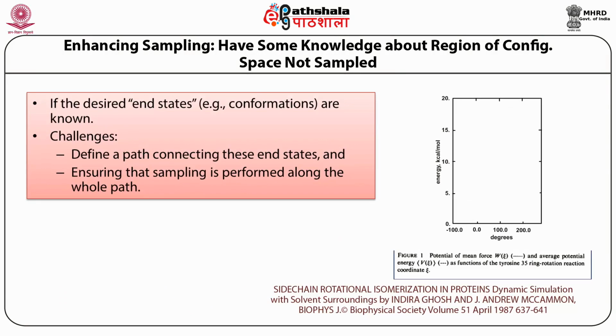Enhancing sampling when we know, more or less, the idea about the configuration space. So with a known configuration space, it still gives a challenge because we don't really know how the path is connected. However, free energy being a state function, it doesn't depend on the path, so we should be able to happily take any path and the ensemble average can be done.